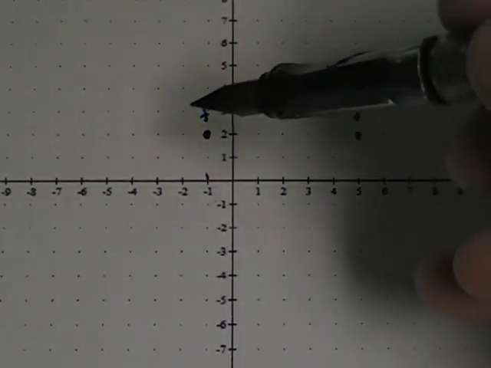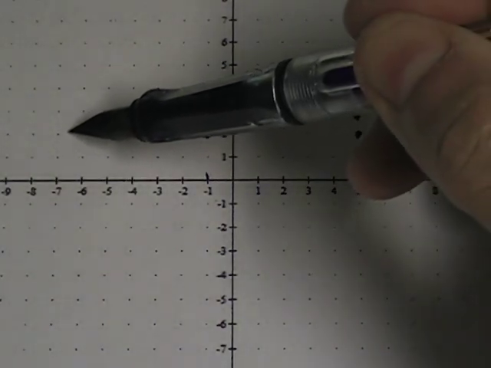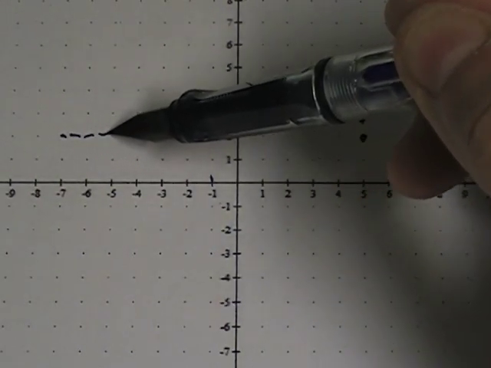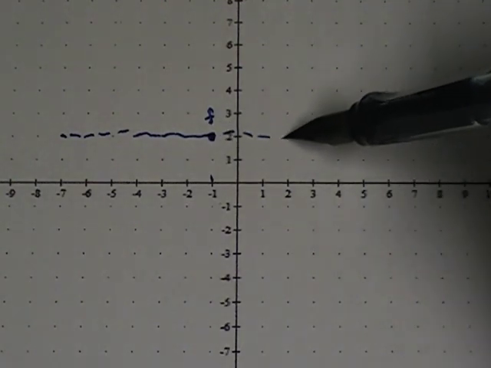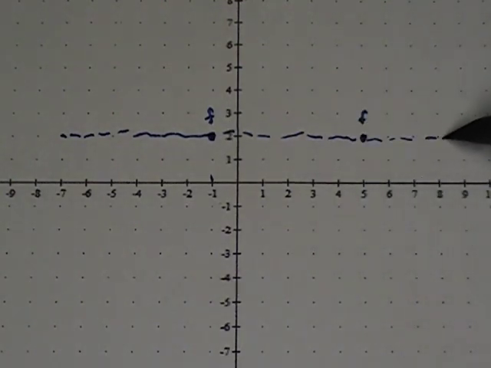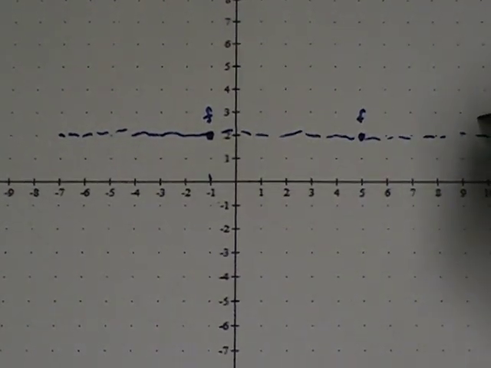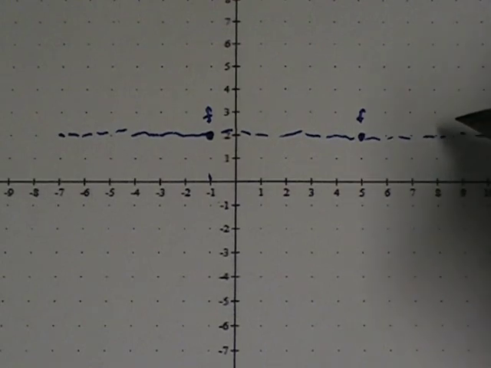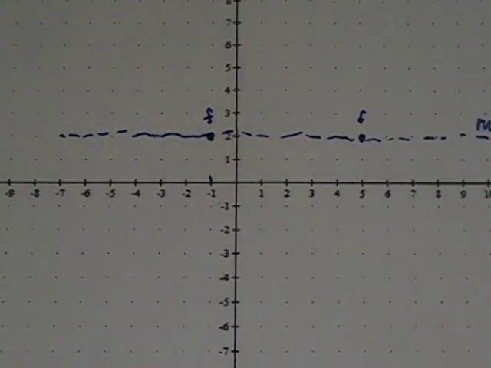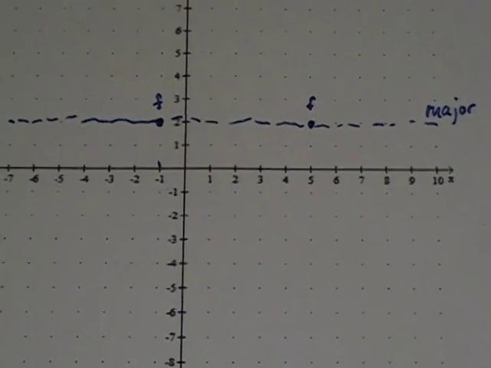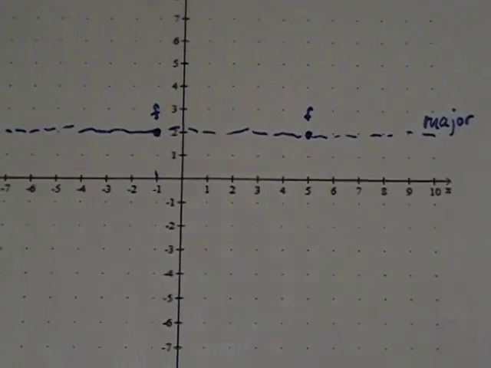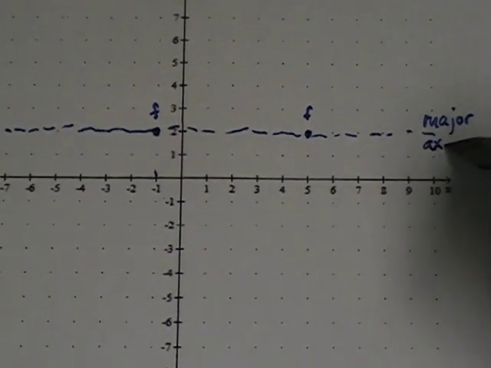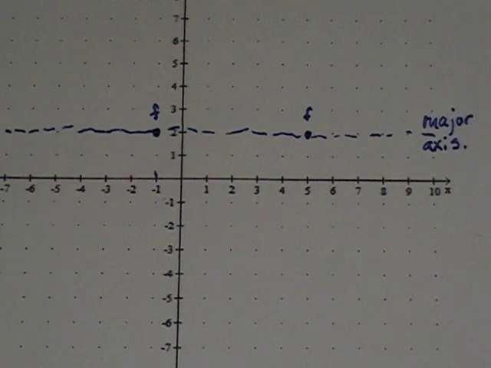Now what that tells me is that my major axis has to be horizontal. Okay? This has to be my major axis.